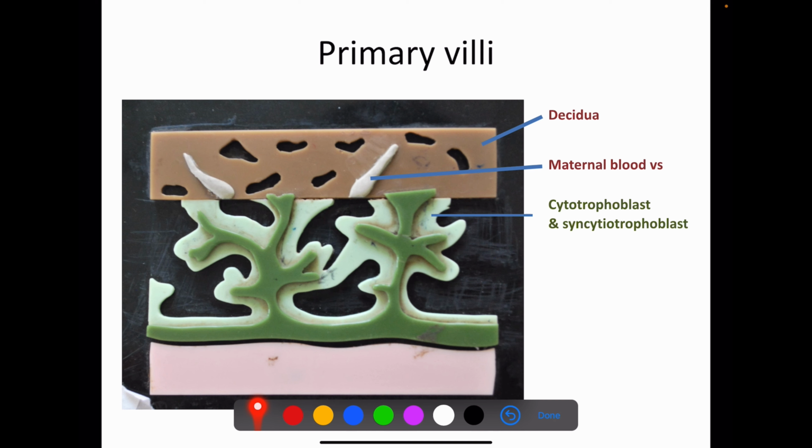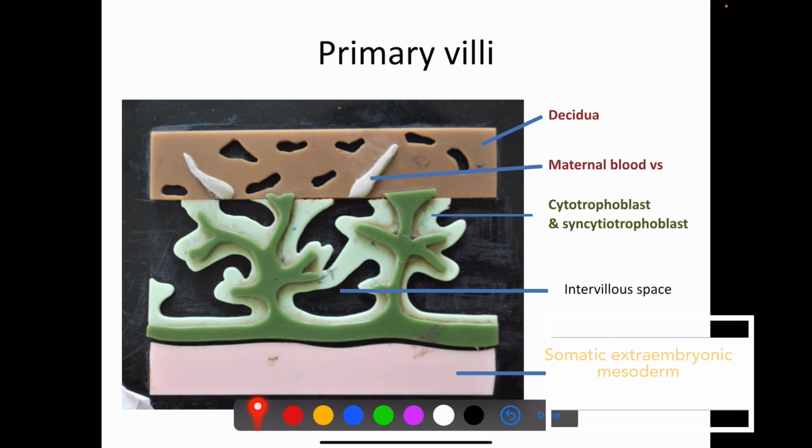As development proceeds, these maternal blood vessels open into the intervillous spaces. This trophoblast has a capacity for eating up. It will erode the decidua, and it will erode the maternal blood vessels, and they will pour blood within these intervillous spaces, right?